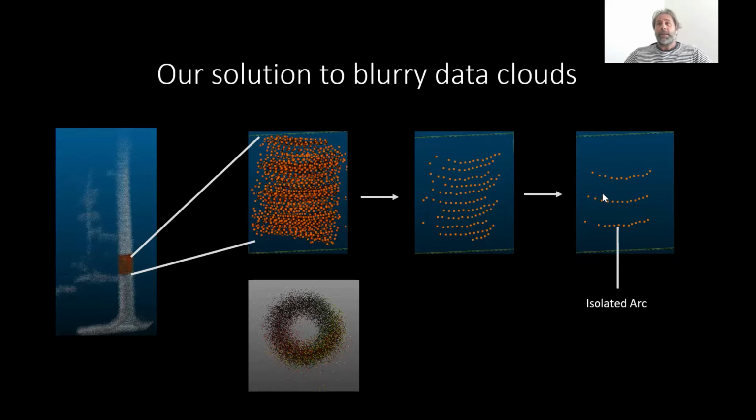It means that each isolated arc can be used to estimate the DBH of the trees by measuring the distance between the most distant points on the arc. So you can get multiple DBH estimations for a single tree.